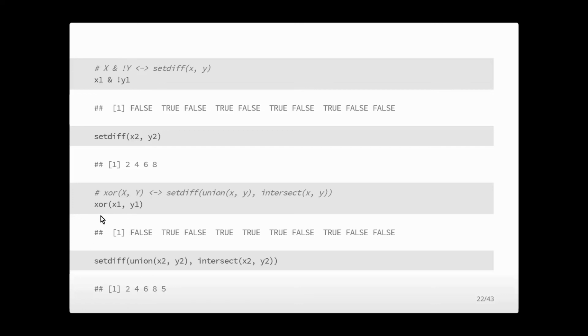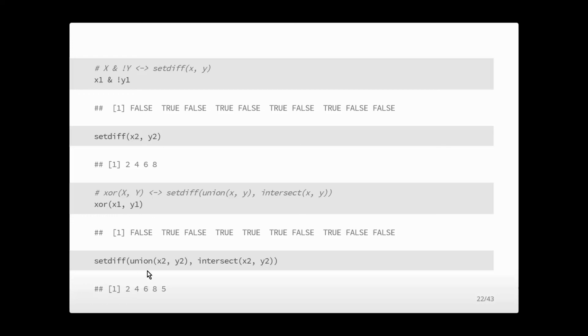And so with the exclusive OR, if both are false, it's going to be false. If one is true and one is false, that's going to be true. But if both are true, then it's false. With the logical, we can just say exclusive OR and it works out. So we get 4, 5, and 6, but then the 10, which is in both sets, is going to be false.